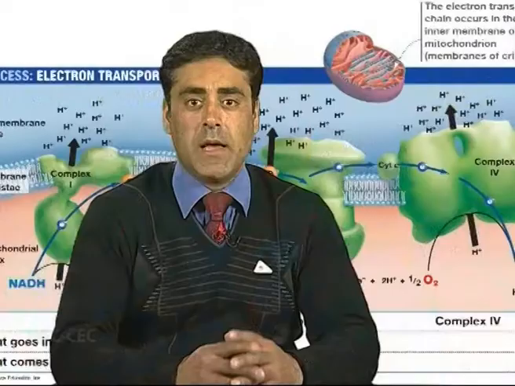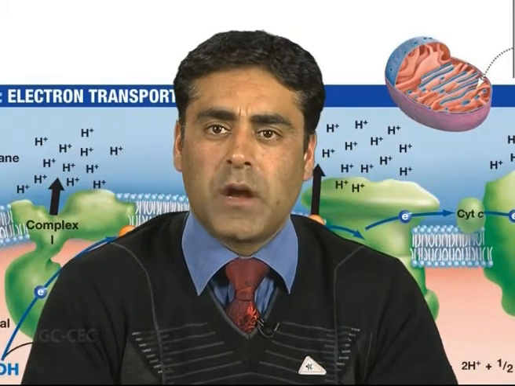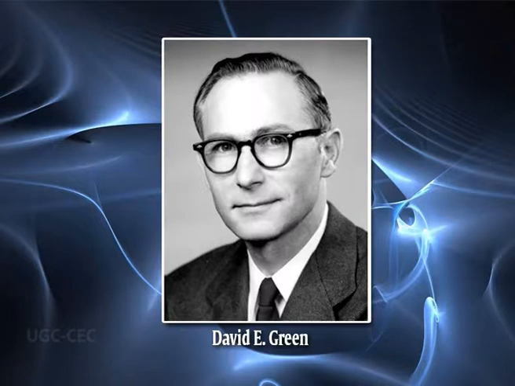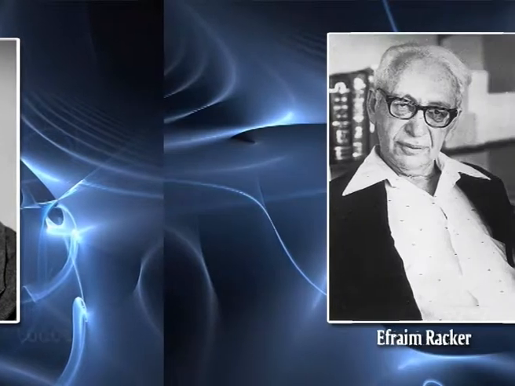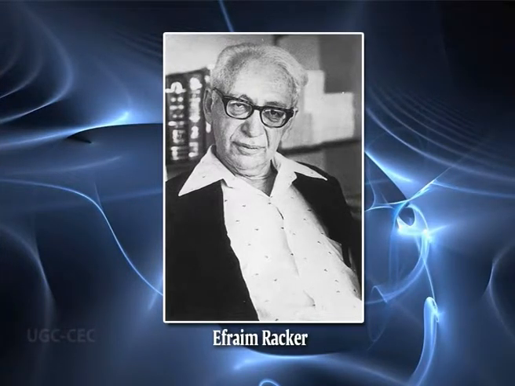Subsequently, research concentrated on purifying and characterizing the enzymes involved, with major contributions being made by David E. Green on the complexes of the electron transport chain, as well as Efraim Racker on the ATP synthase.